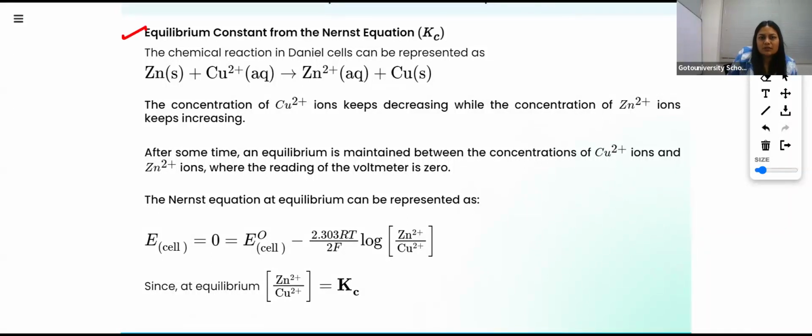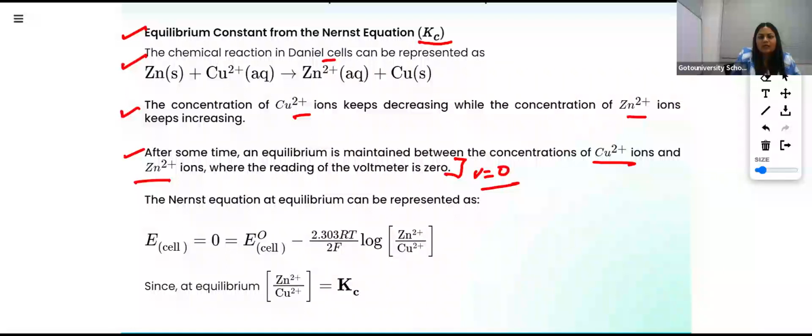The equilibrium constant for the Nernst equation that we use is Kc, which is very important. As you know, in the Daniell cell the concentration of copper 2 positive ions keeps decreasing, while that of Zn2 positive keeps increasing. But after some time, when an equilibrium is maintained, the concentrations of both ions become equal. We can read this on the voltmeter when the reading becomes zero.